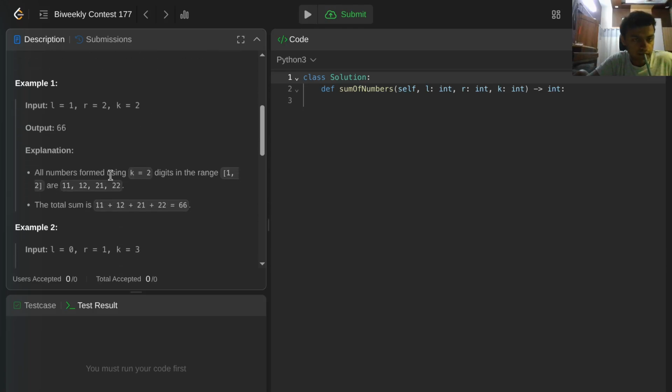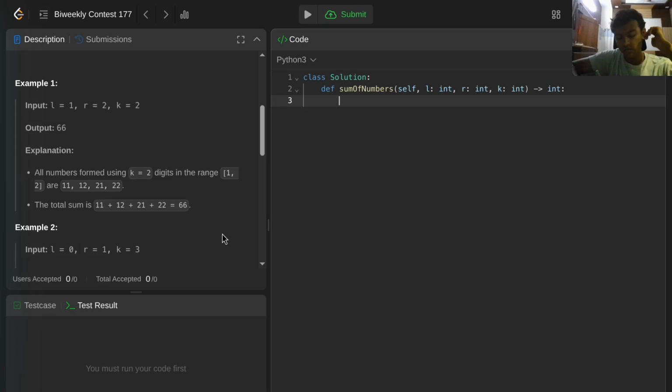Okay. 10 power 9. Okay, this is fine. Let's say I have two, three digits, three places. So with how many?